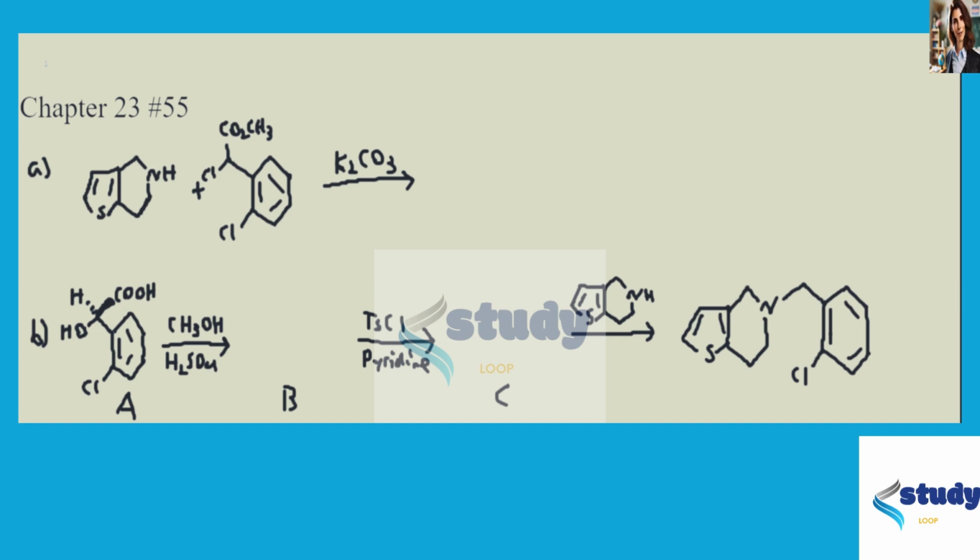And so it's the top chlorine that's going to react, and the nitrogen in the other part of the molecule is what's going to act as the nucleophile. And so our structure is going to look like this.